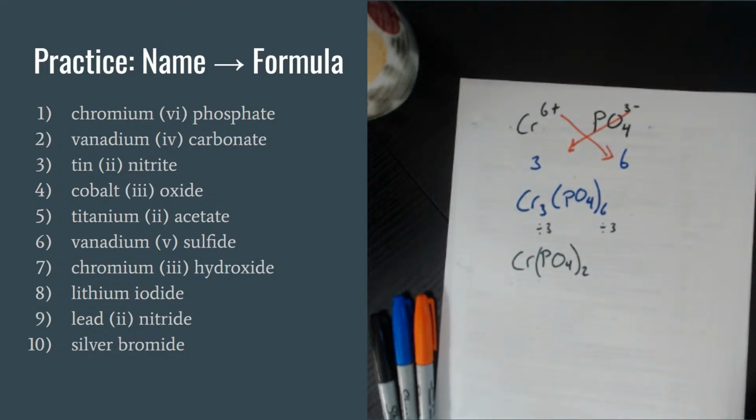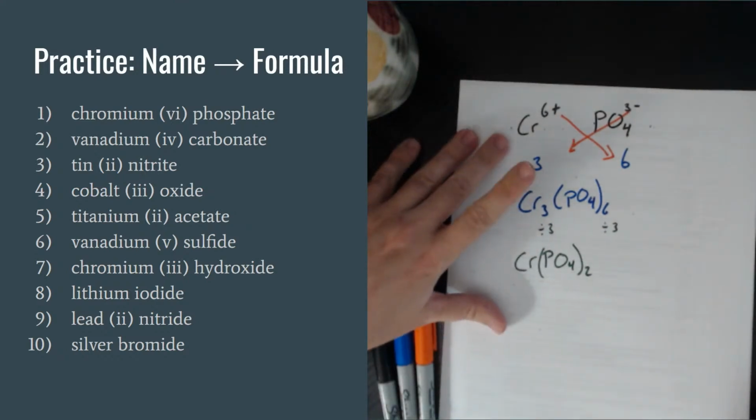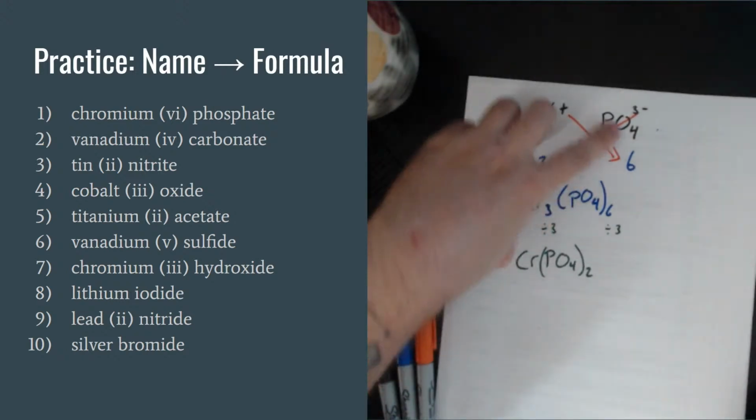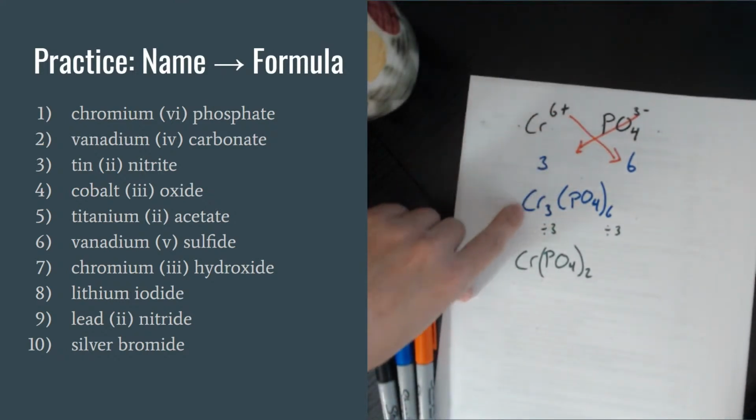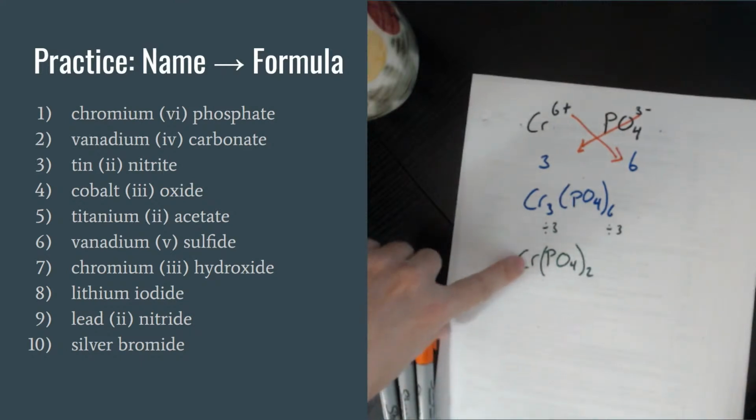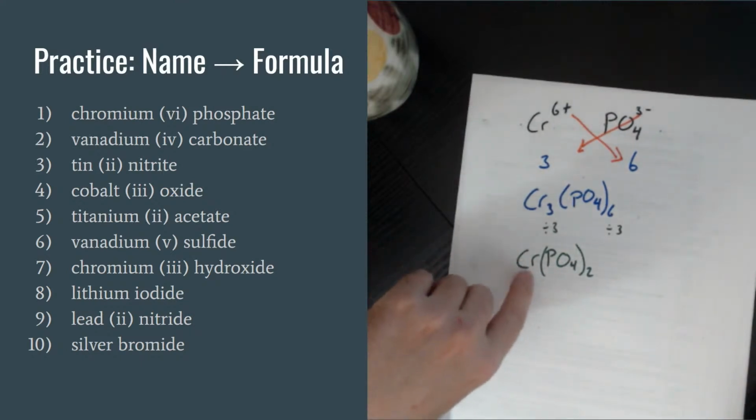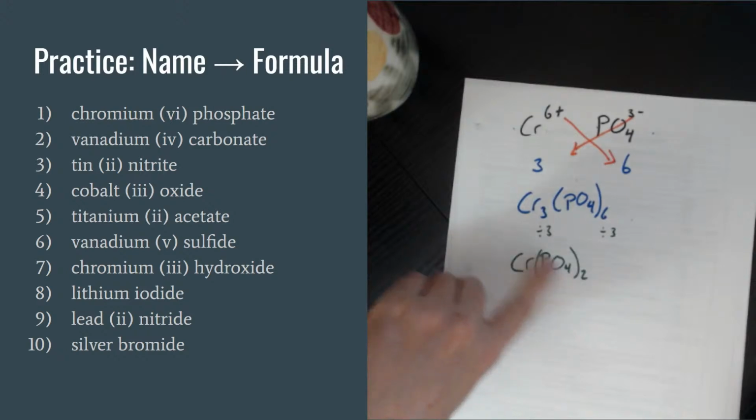So that's why I started with going from formula to name, because this trick works perfectly well going from name to formula. You can bring the charges down to get the ratio, but you can't go in the other direction. If you tried to do that here, you'd be tempted to say that PO4 1 minus and Cr 2 plus, and that is not the way it works.